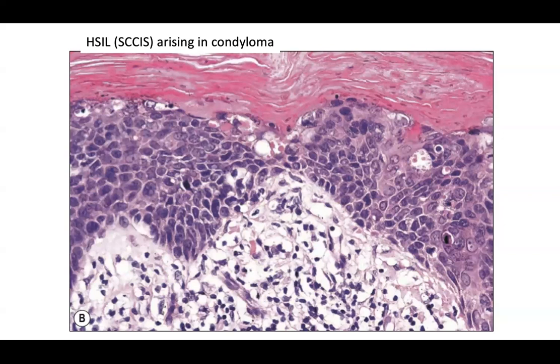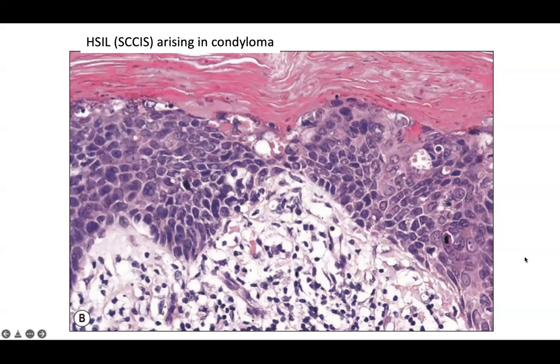If someone says high grade squamous intraepithelial lesion or neoplasia, then that essentially encompasses bowenoid papulosis. Bowenoid papulosis often will present as brown pedunculated papules within the anogenital region, and they can occur in any place that you have HPV infection.